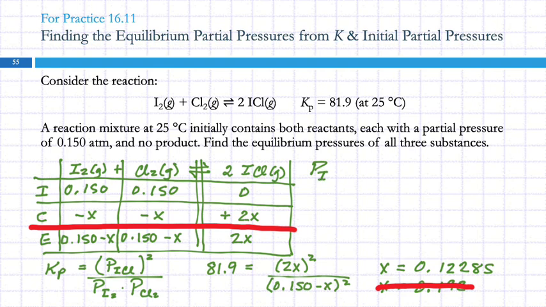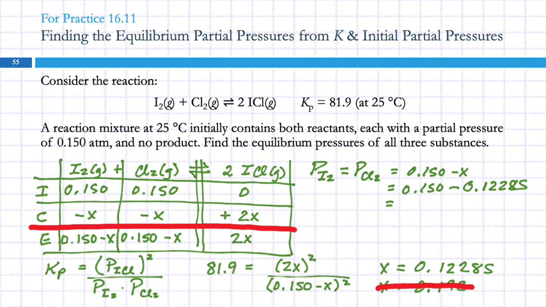The partial pressure of I2 is equal to the partial pressure of Cl2, and is 0.150 minus x. That was a great question, and thank you for asking.